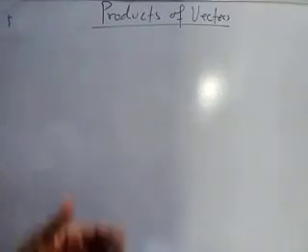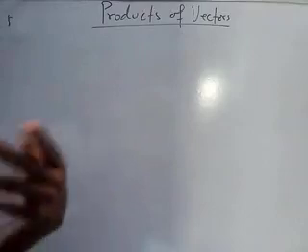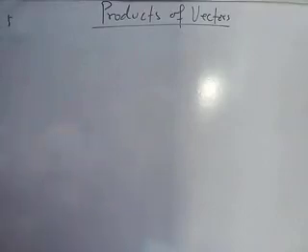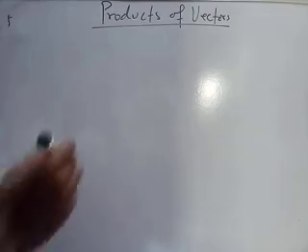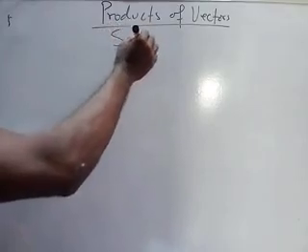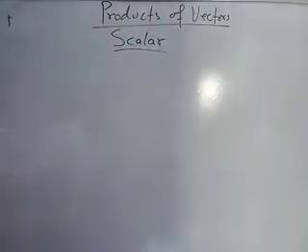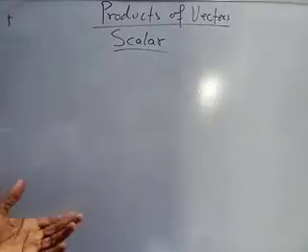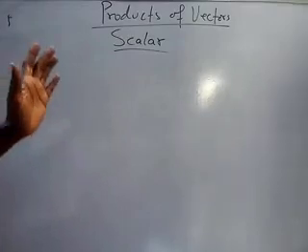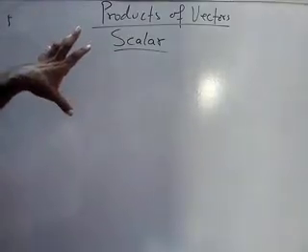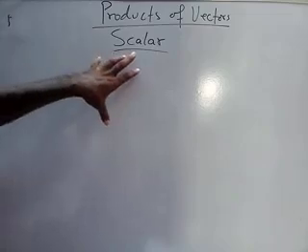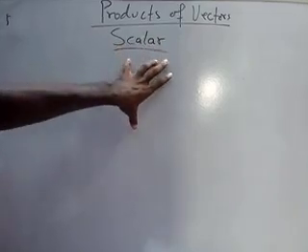So we are going to look at two different kinds of product of vectors. The first we'll be looking at is the scalar product. Scalar products yield a result that is a scalar quantity.